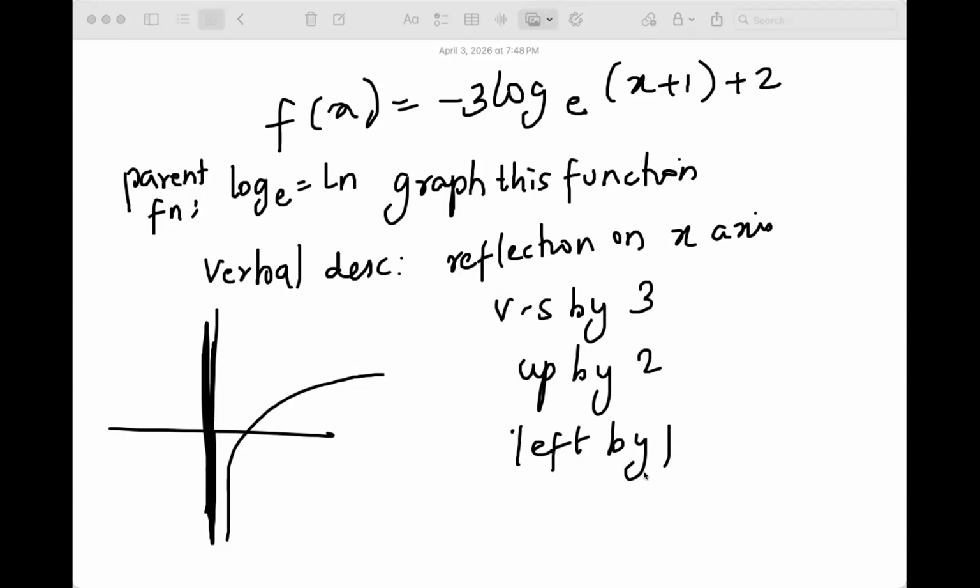So 1, 0 will be a point. What happened to that 1, 0 point? 1, 0 and e, 1, where did they go?